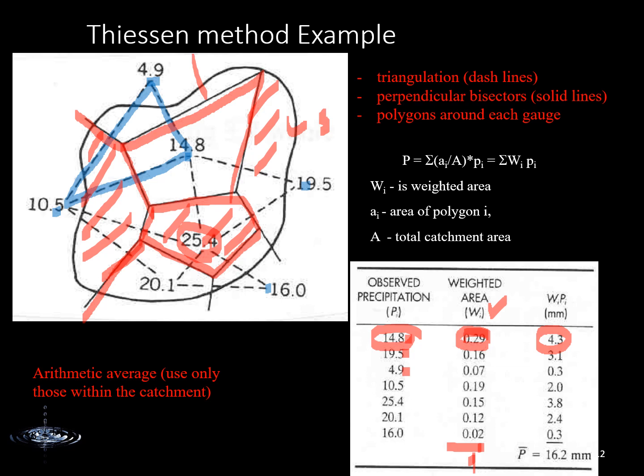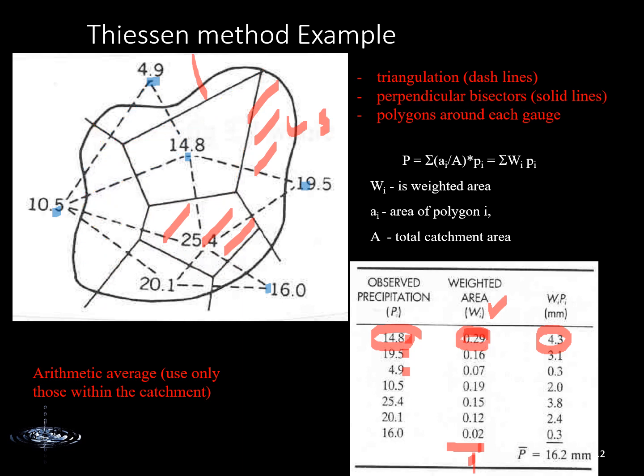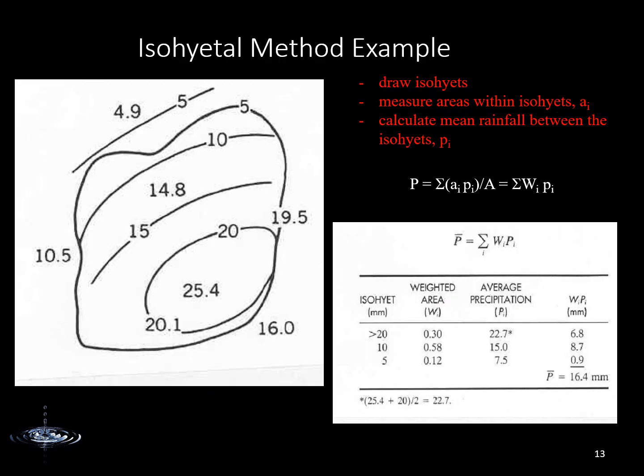If you had used the arithmetic method, you would have got a different value than this one. And next, for the same area, you have this isohyetal method.